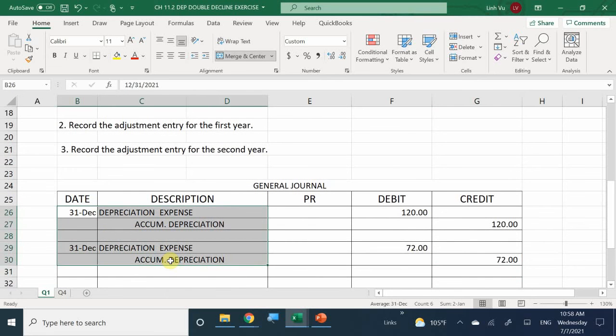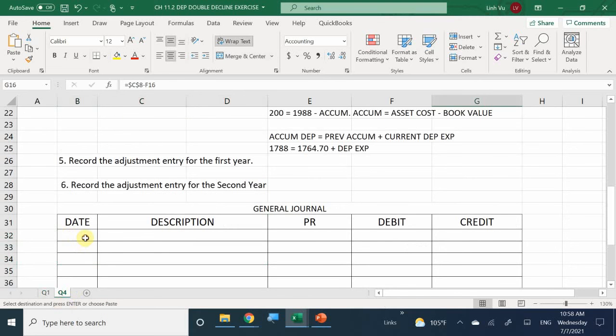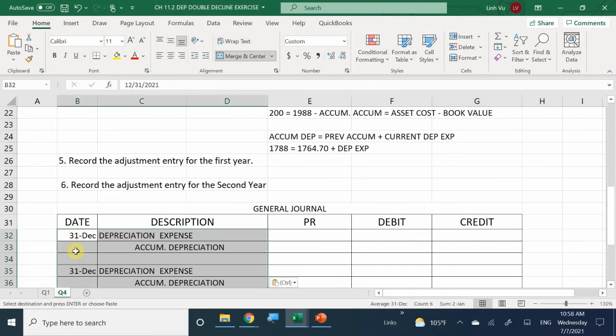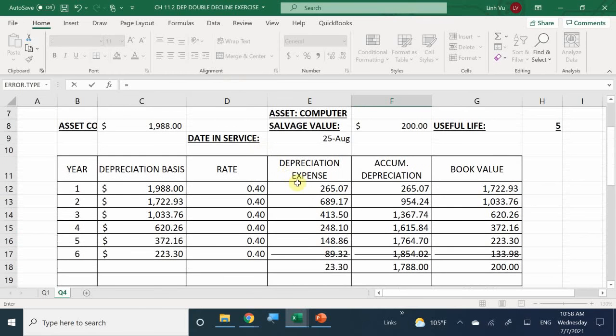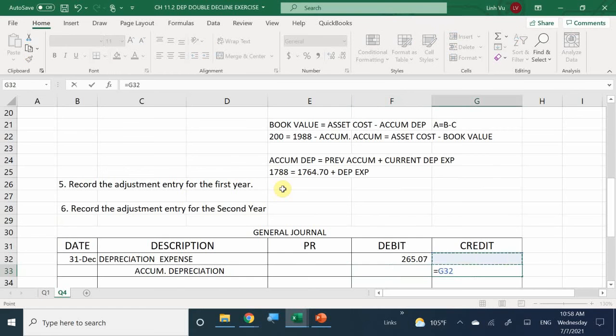So then let's go ahead and journalize. Once again, the journals are going to look identical to the previous one. Except now, what is the depreciation expense for the first year? $265.07.